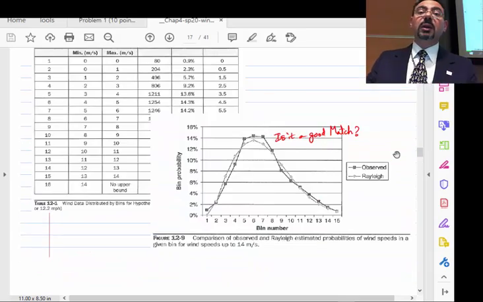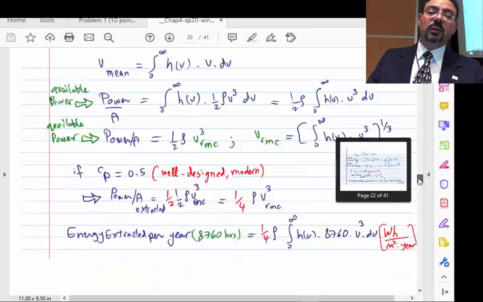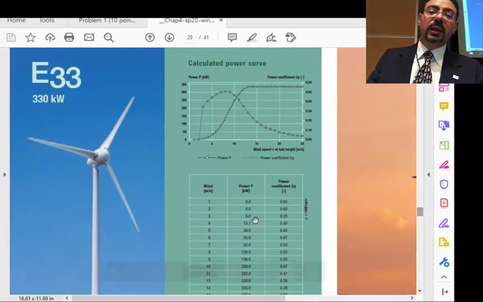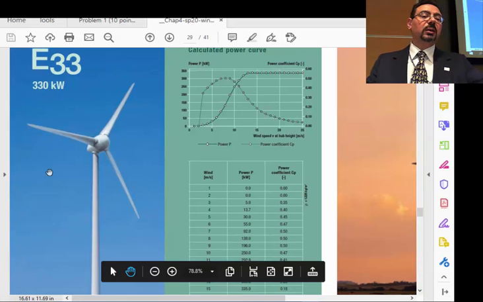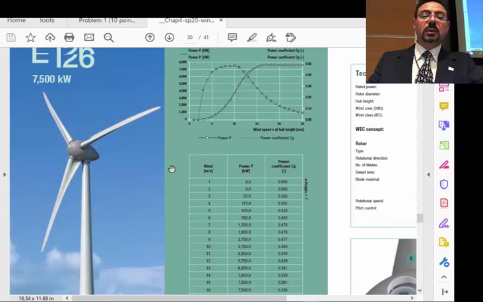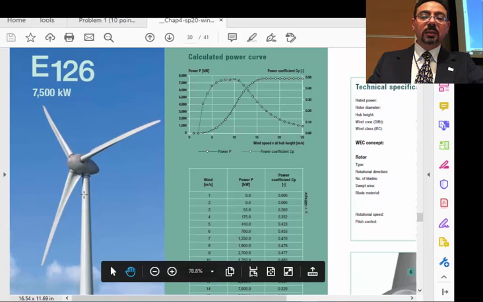There is a power curve that we will see. Actually, let me jump to the power curve. It's important to see it before we go further. So here is a 300 kilowatt turbine, and here is a 7 megawatt turbine. This one has this power curve.